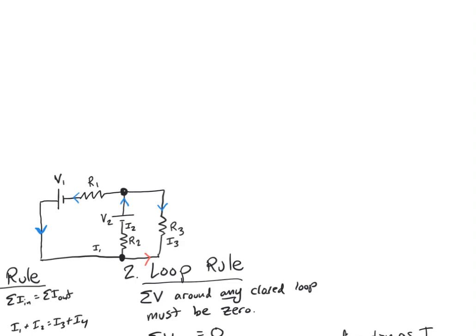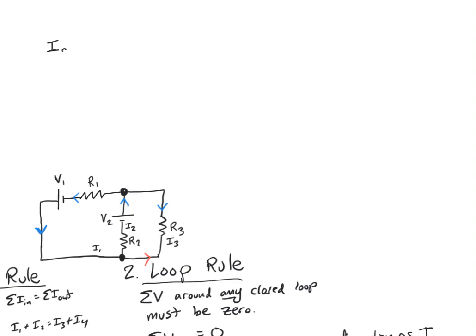So the top one tells us that I know that the total current entering that has to be equal to 0. And I have written that I2 is entering.